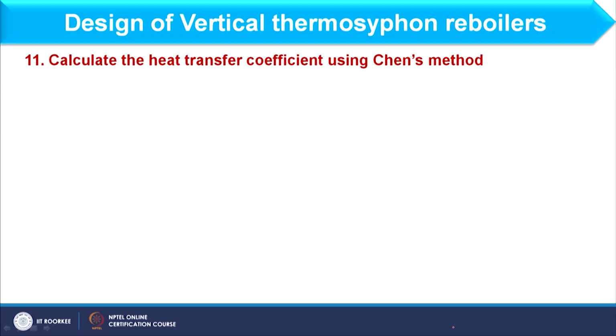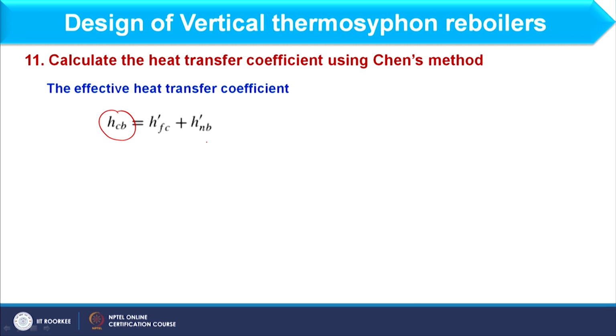So, let us start the calculation of the heat transfer coefficient using Chen's method. So, what should the effective heat transfer coefficient be? The effective heat transfer coefficient at the exit of the tube should be equal to HFC dash plus HNB dash.